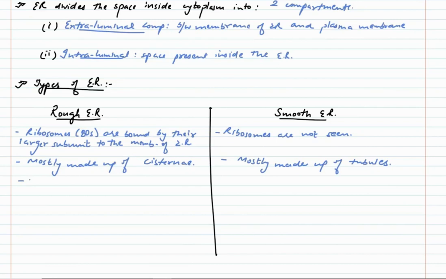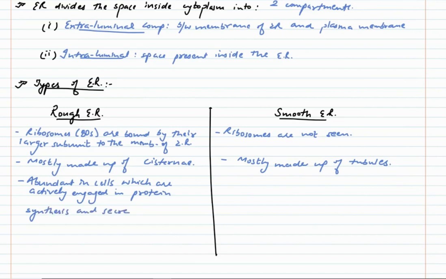Rough endoplasmic reticulum is abundant in cells which are actively engaged in protein synthesis and secretion.